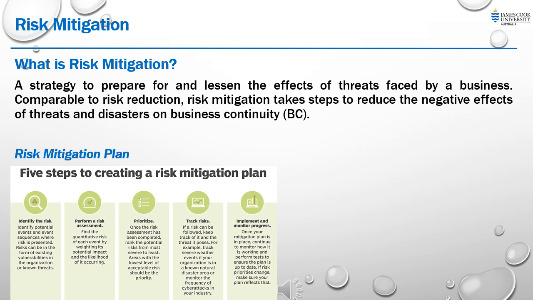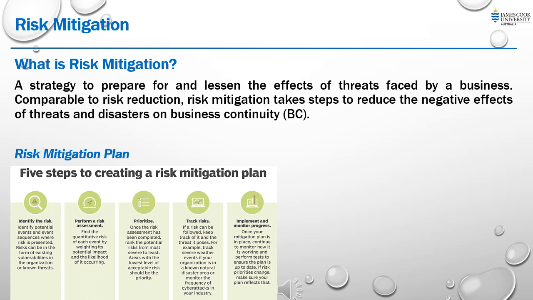A risk mitigation plan is a document that outlines a strategy and actions to be taken to reduce or eliminate potential risk to a project or operation. The plan should identify potential risk, assess the likelihood and impact, and define measures to prevent or mitigate the risk.